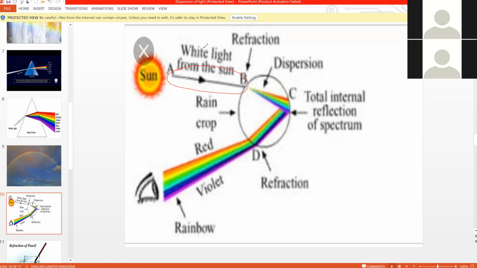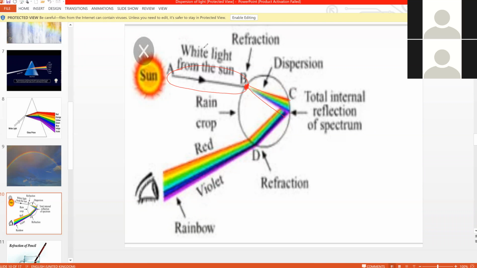As soon as this light ray enters this water drop, it is splitting into different colors. You can see the different colors here, how it is splitting. And then it is reflected.